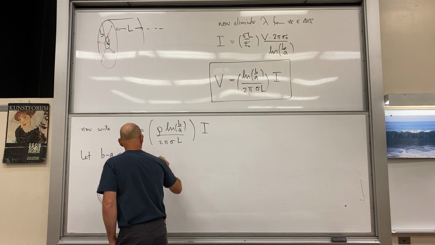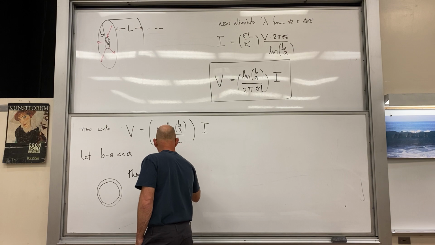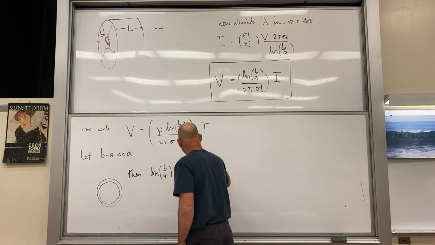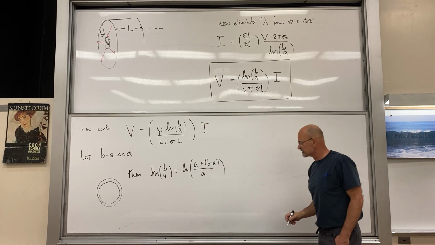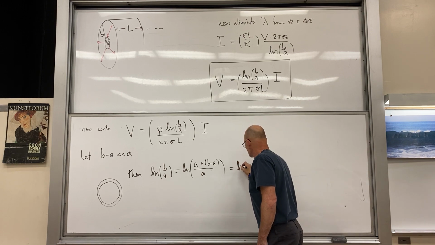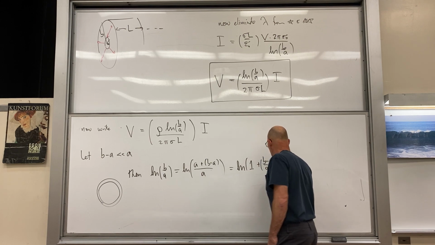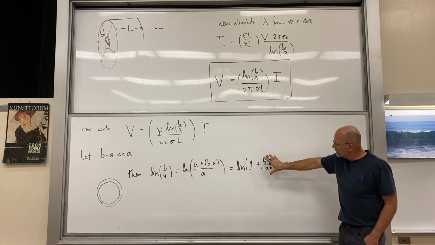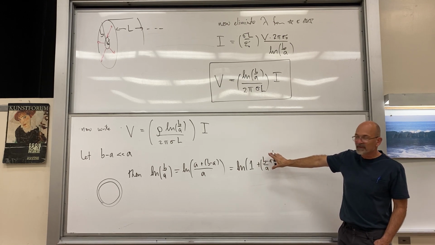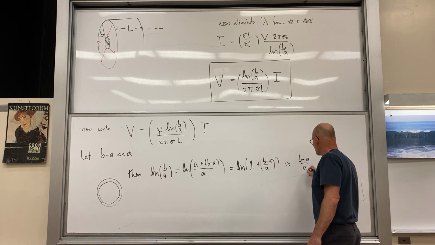Then the natural log of B over A is equal to the natural log of A plus B minus A divided by A, which is the natural log of 1 plus B minus A over A. And the approximation for the natural log of 1 plus something small is just the first term in the Taylor expansion. So that would be approximately B minus A divided by A.